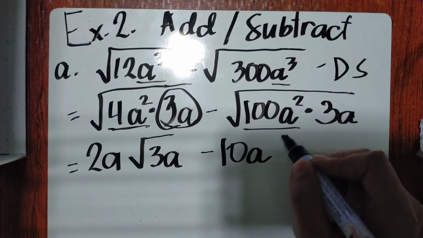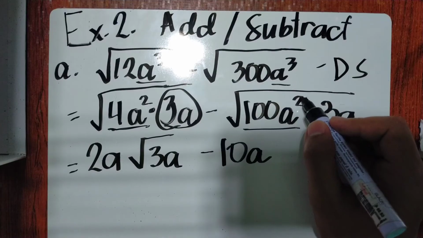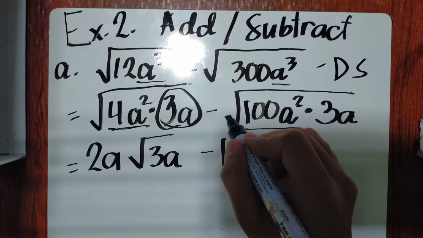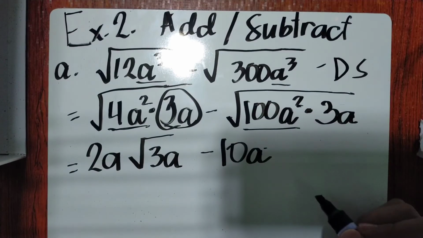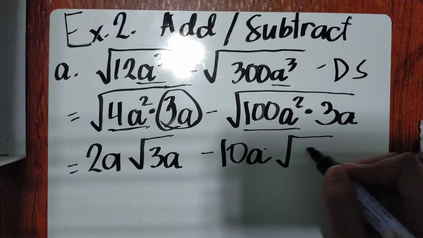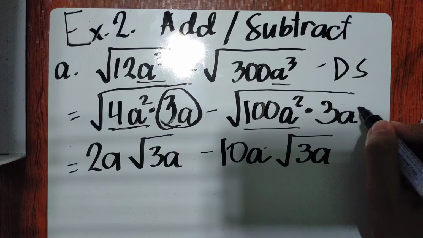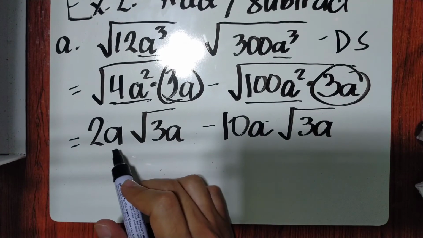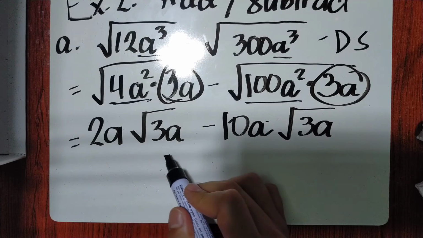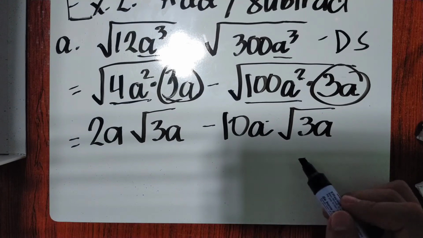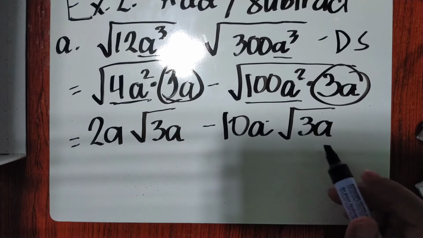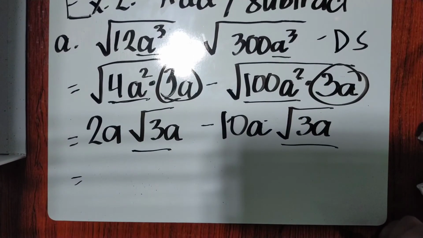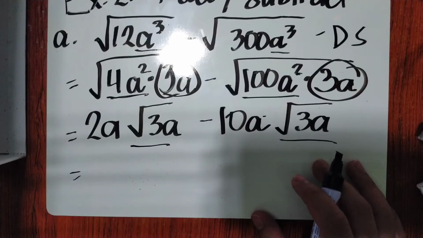Okay, why did the a squared lose its exponent 2? Because we divided: 2 divided by 2, the answer is 1. Then, square root of 3a. So this is what remains. Now we have 2a square root of 3a minus 10a square root of 3a. Next, they are the same, so we now have similar radicals.